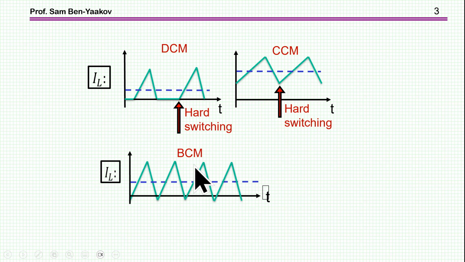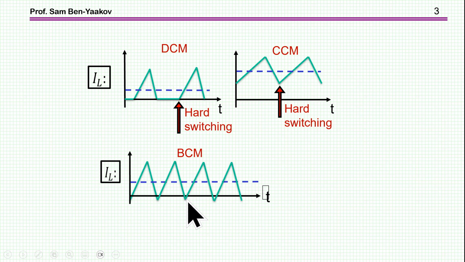Now, the BCM, the borderline mode, is a better choice in terms of losses, because if the current reverses and actually goes a bit negative, we can obtain here zero voltage switching. I'm not discussing it. You can find information about this in videos on my YouTube channel.